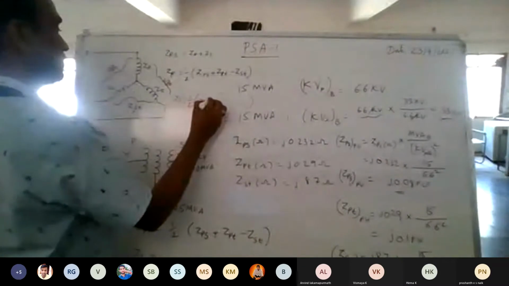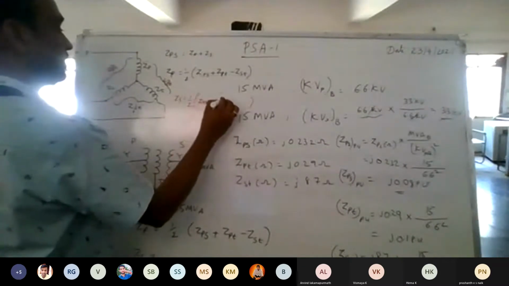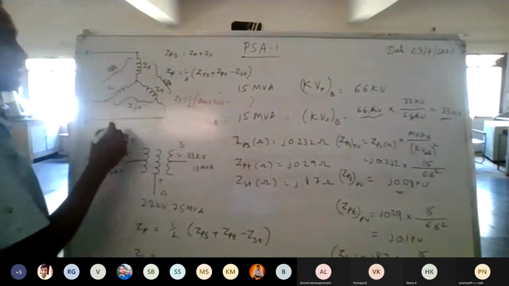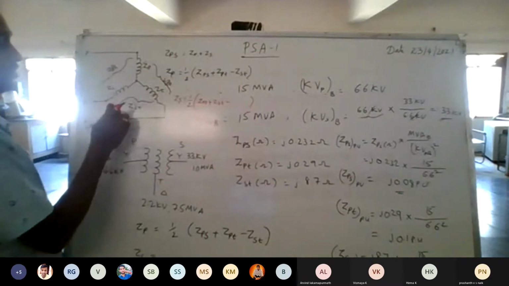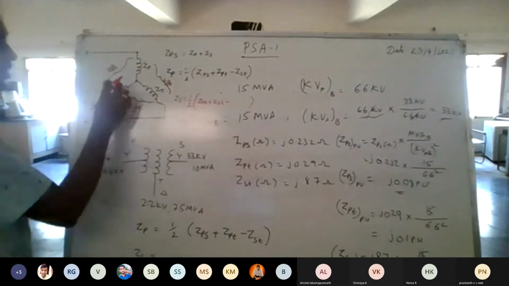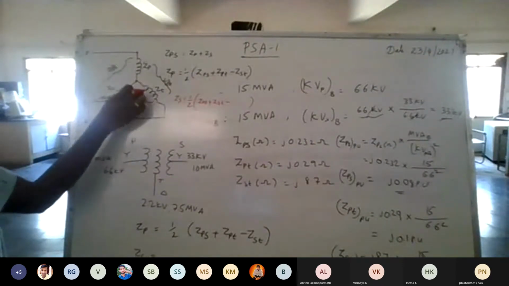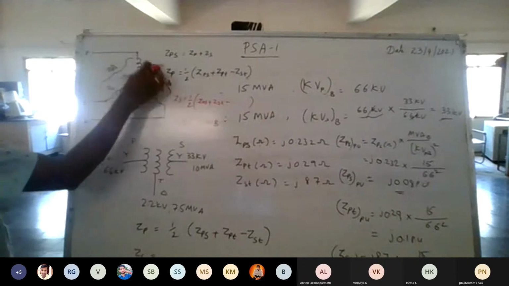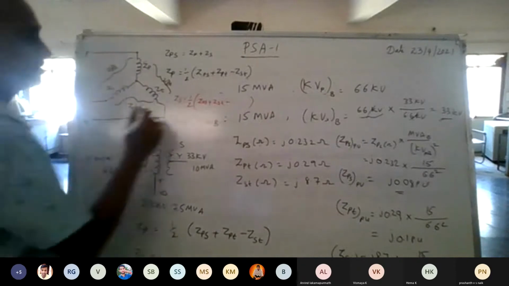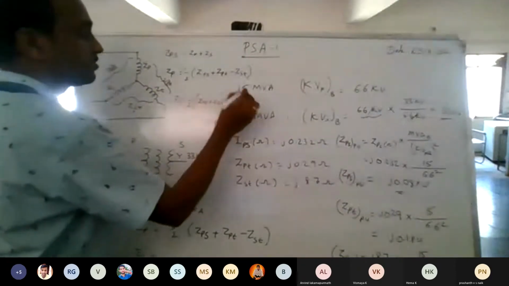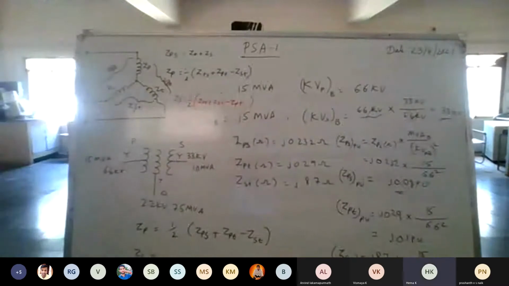ZPS plus ZST minus ZPT. This is the impedance we want for ZS. It is connected between these two, and ZPT is not connected, so minus ZPT.